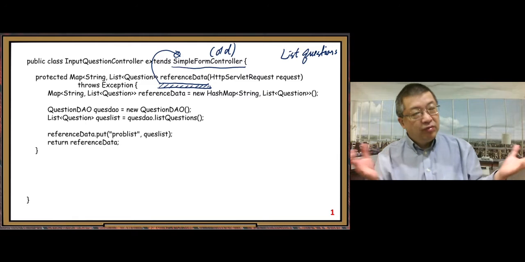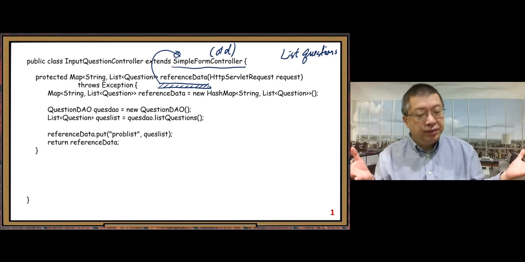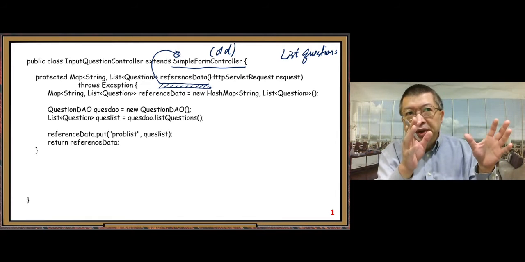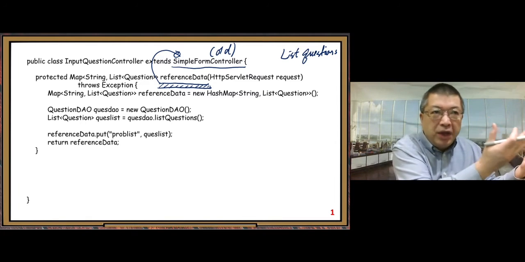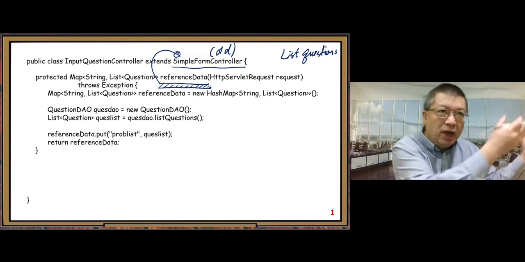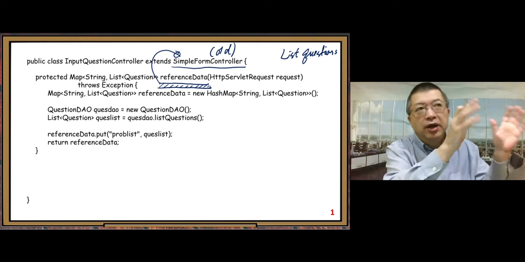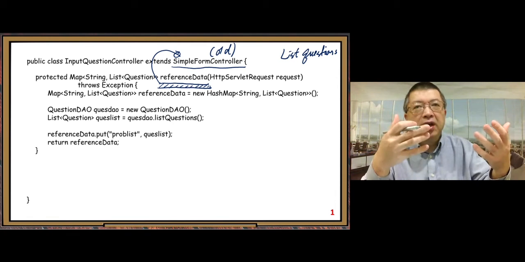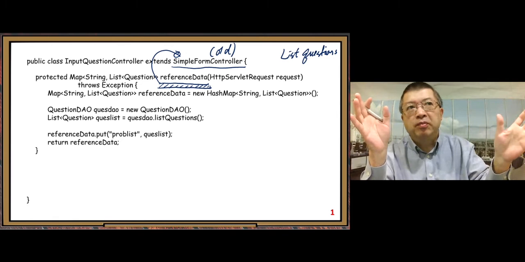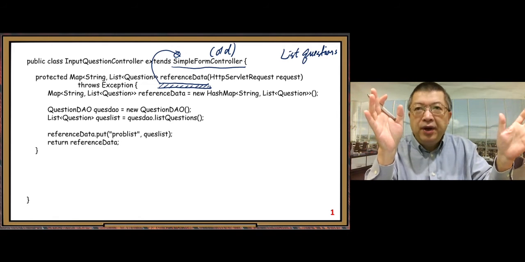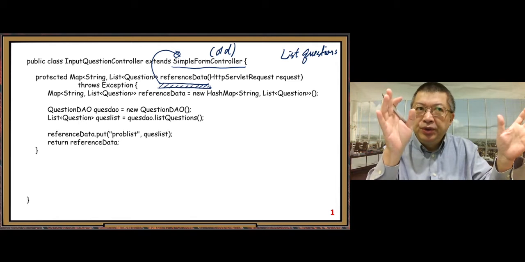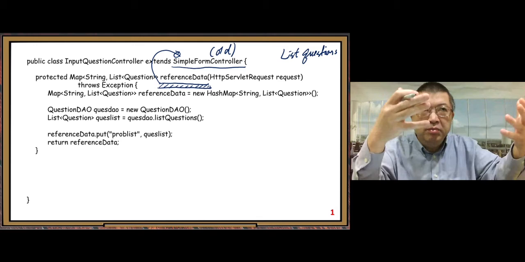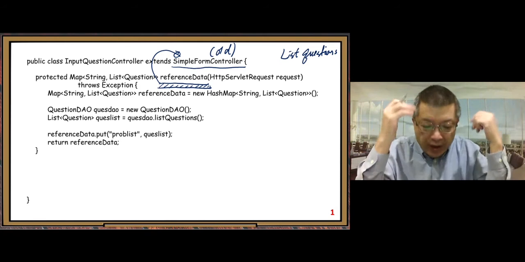So what does this method do? Very simple. You want to get some data from database, from other places. You want to prepare your data to be displayed, dynamic data to be displayed on the form view page. How do you tell the container to do that data preparation before the form view page is rendered?